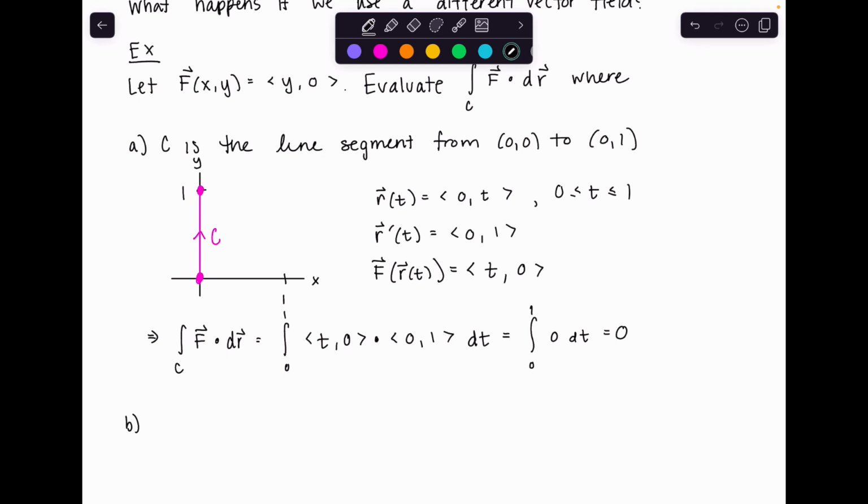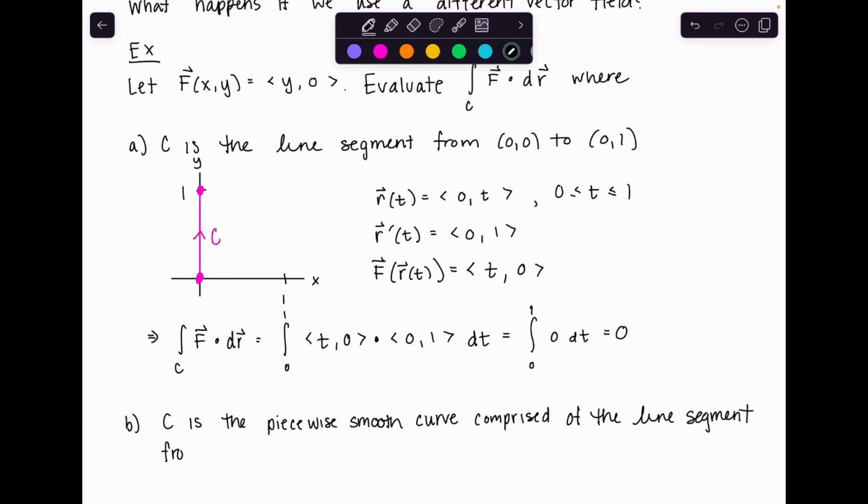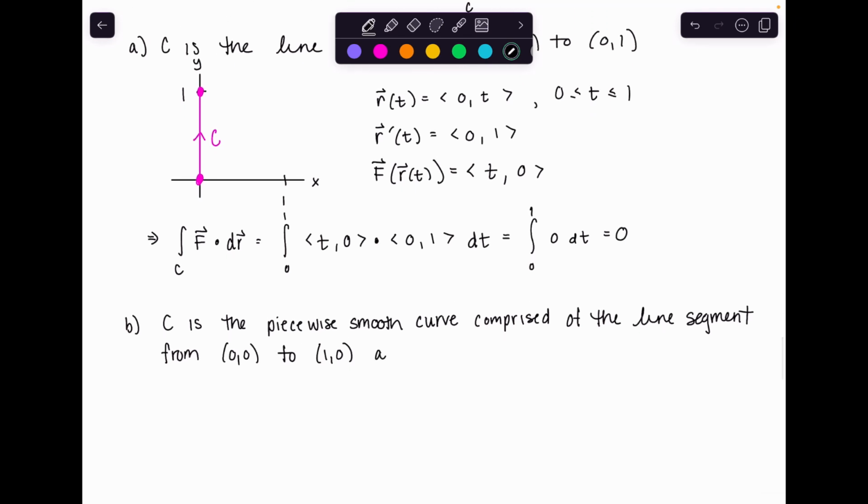So the second one we're going to calculate is where C is the piecewise smooth curve comprised of the line segment from 0, 0 to 1, 0, and then the line segment from 1, 0 to 0, 1.